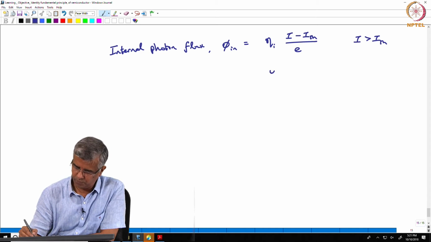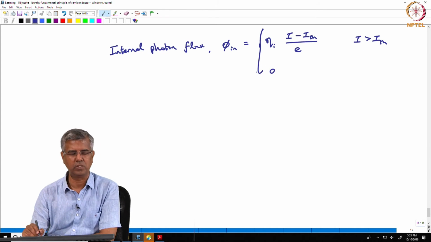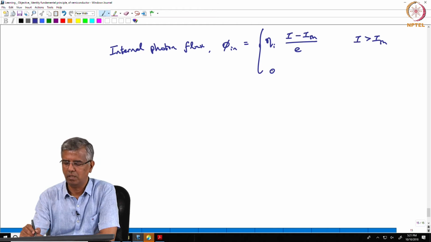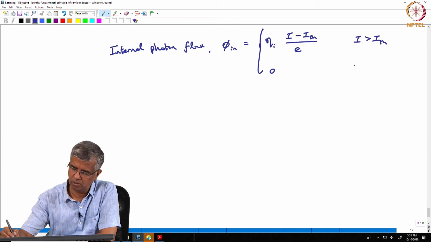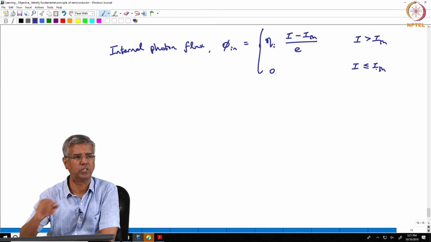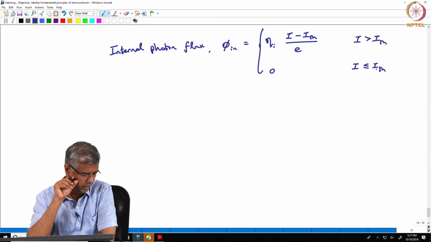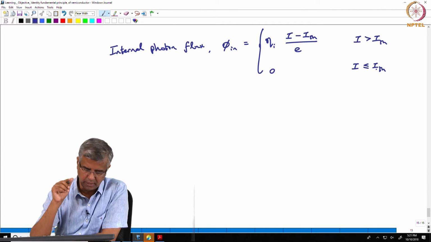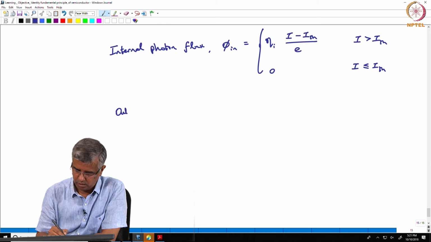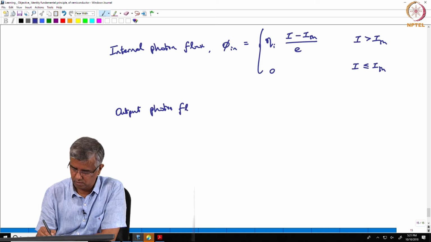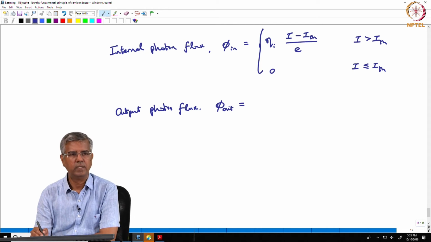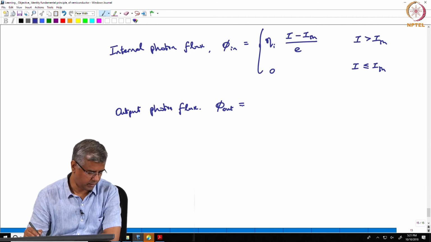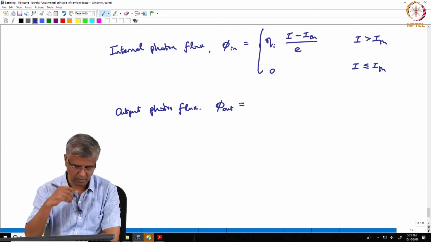It is approximately 0, it is not really 0 because there is still spontaneous emission, but you can approximate that to be 0 for I less than or equal to I threshold. Okay. And if that is the case, then you can say that the output photon flux phi out is got to be some factor of the input photon flux. What is that factor?